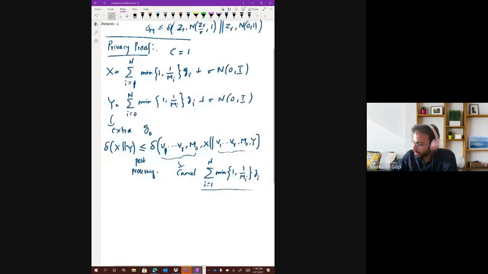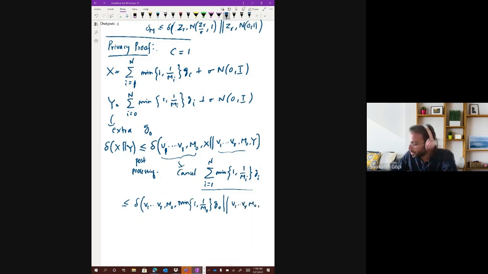After canceling, I'll get V1 to VR, M0, and here min of 1 by M0 times G0, plus the Gaussian noise. And here I'll just get V1 to VR, M0 and the Gaussian noise.